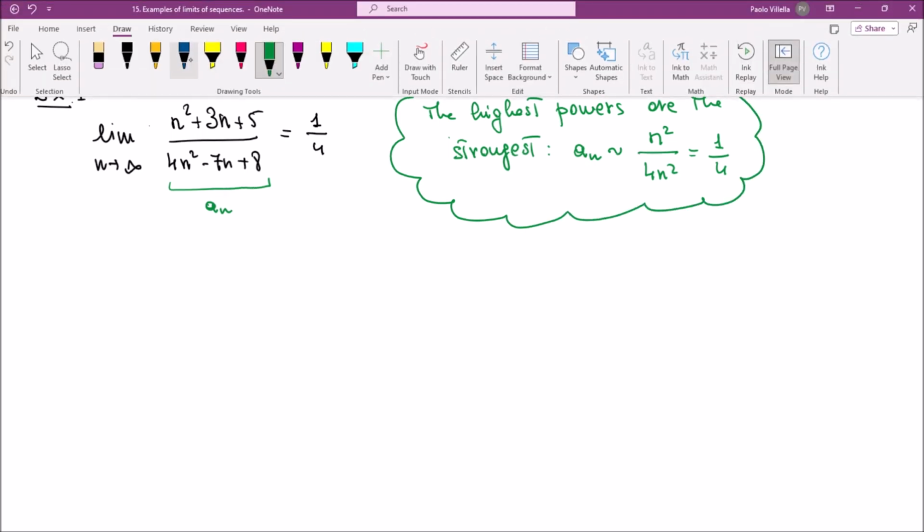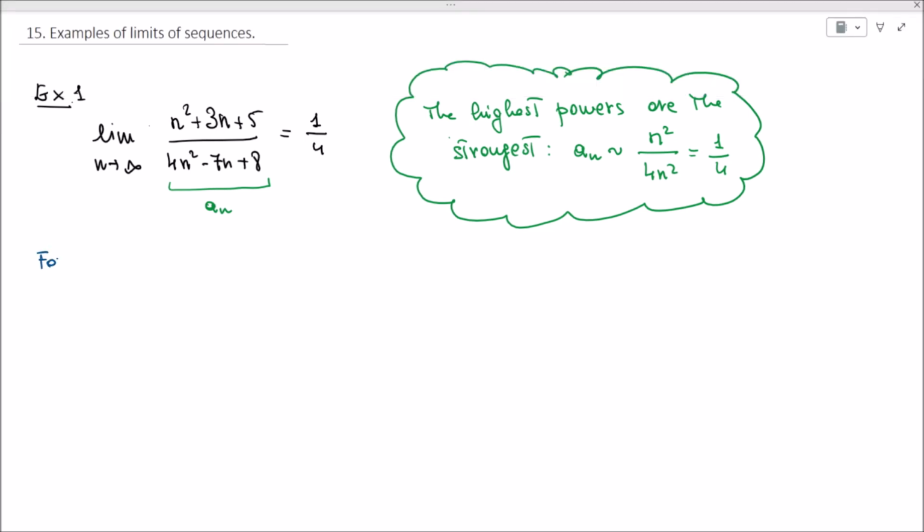If we want to give a formal proof of this, we can proceed in this way, by just factoring out the leading terms. So this is the general rule.